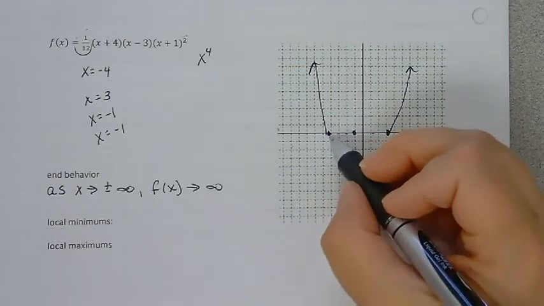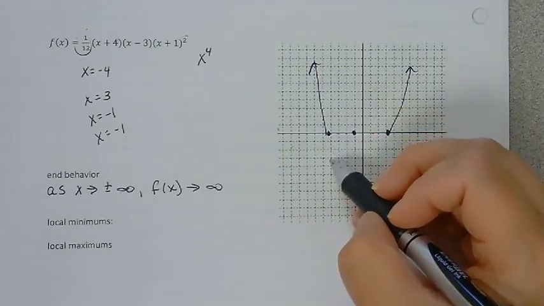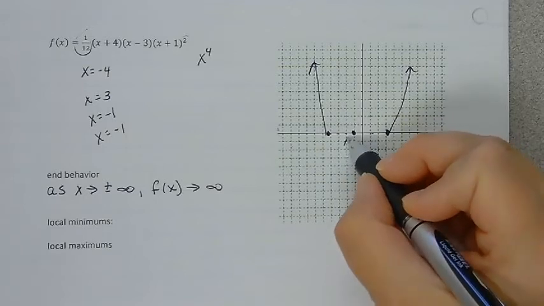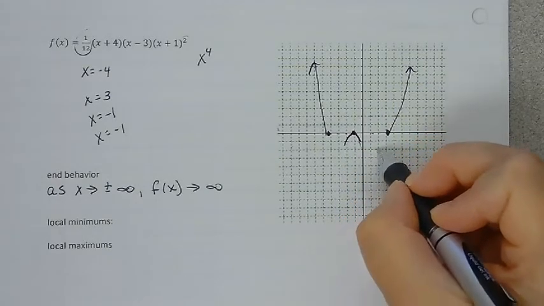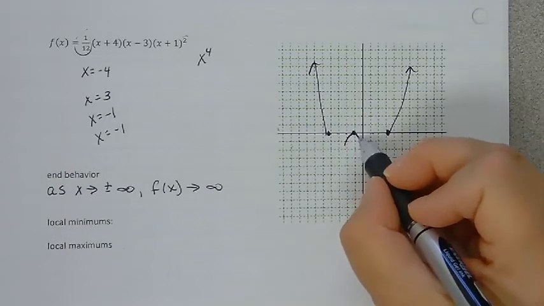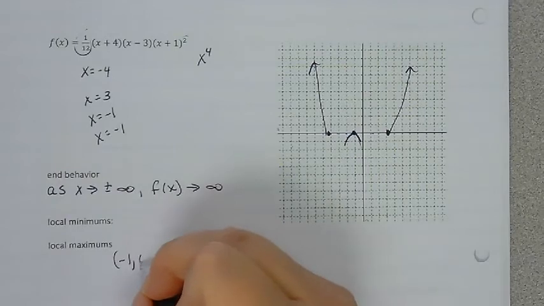Now it's going to go down, come up to -1, but since it happened twice, that's a turning point. Then it's going to go down, turn, and come back up. So I do have a local maximum right here at -1, 0.